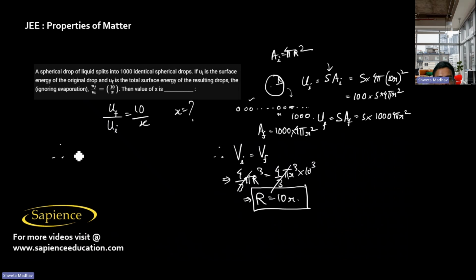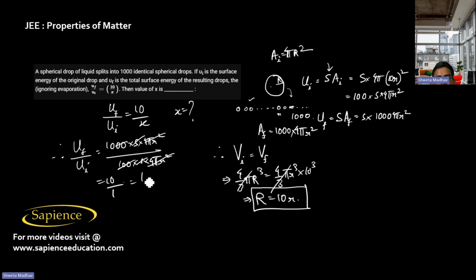So now U final by U initial is 1000 into S into 4 pi r square divided by U initial, that is 100 into S into 4 pi r square. 4 pi r square will get cancelled, S and S will get cancelled. So this is 10 by 1, which is equal to 10 by x. Therefore x is equal to 1. So 1 is the required answer.